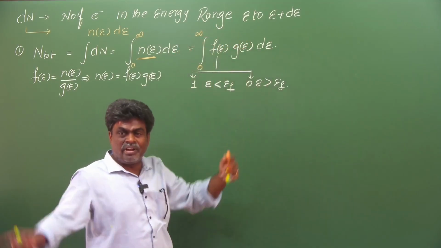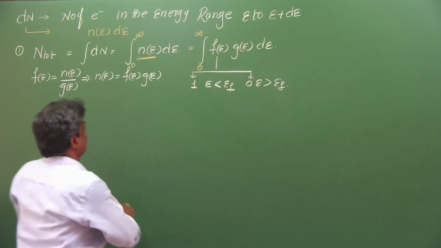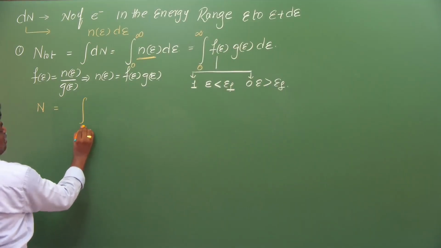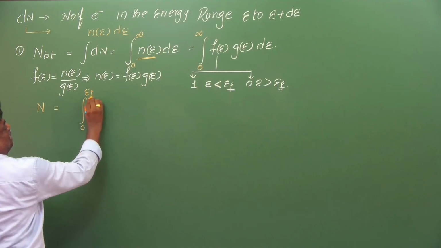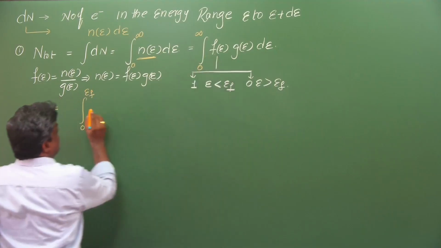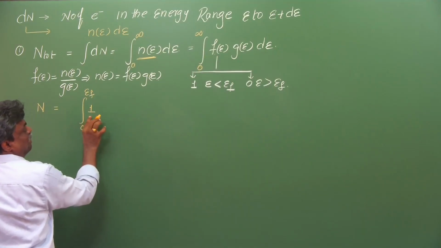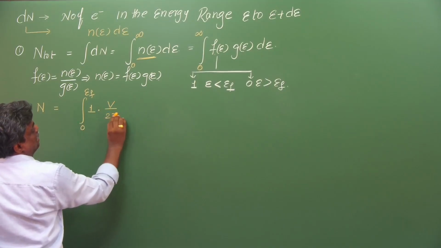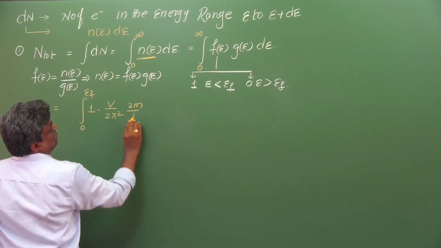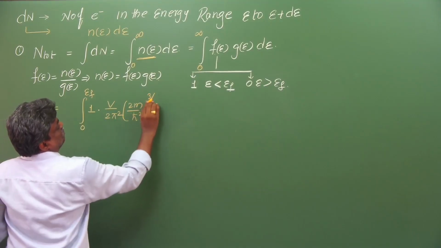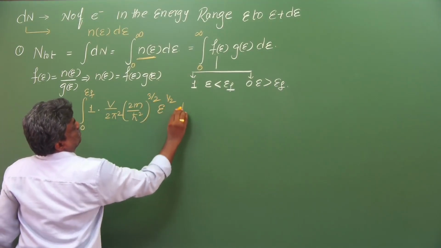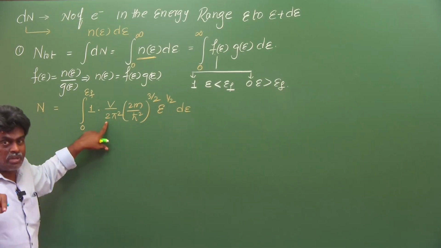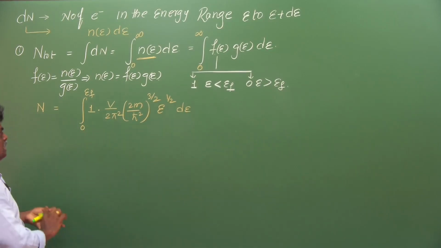So the total n is the integral up to the Fermi energy only, with f of E equal to 1 and g of E. Please remember, V by 4 pi square is without spin degeneracy, V by 2 pi square is with the spin factor.